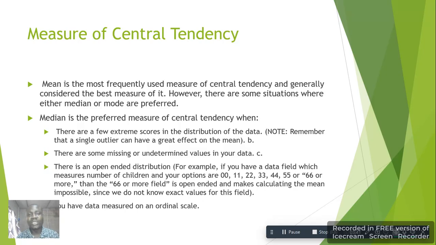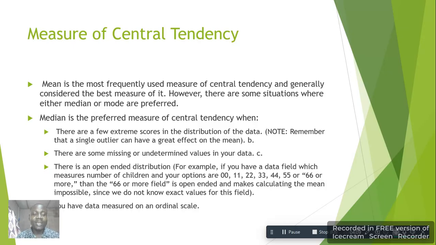What we have to do is to sum up the entire weight, which is 1 plus 2 plus 3 plus 4 plus 5, which is equal to 15, divided by the total number of objects available, which is 5. So the mean of the weight is equal to 3.0.